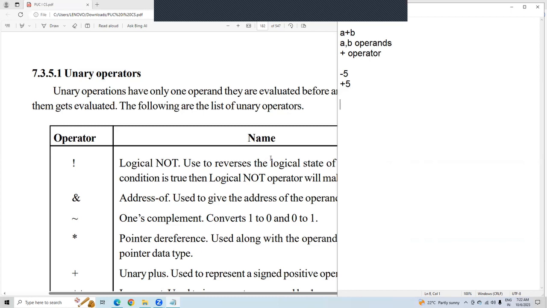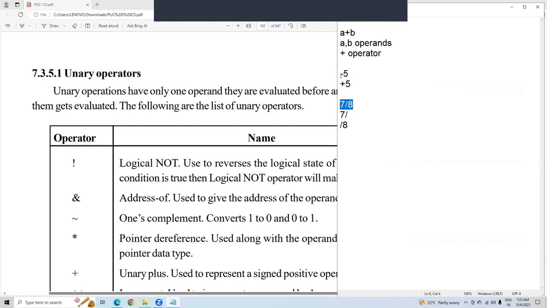Whereas the division operator, we can't say this is a unary operator because we can't write division by using only one operand. You need to have two operands. You can't write only 7 divided by, or only divided by 8, right? You need to write 7 divided by 8. Both numerator and denominator are required. That's why these are not unary operators.